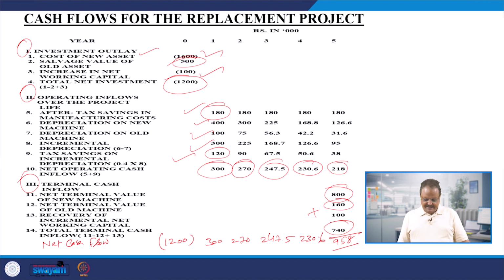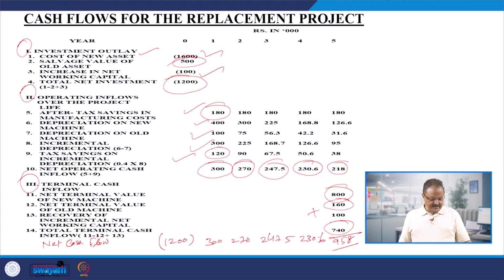While you calculate the terminal value of the new machine, always factor in the terminal value of the old machine. And similarly, you calculate the net operating cash inflow for the last terminal year, and the sum total of the operating cash flow plus the terminal value will become the net cash flow for the last year. That is, in this case, 958.